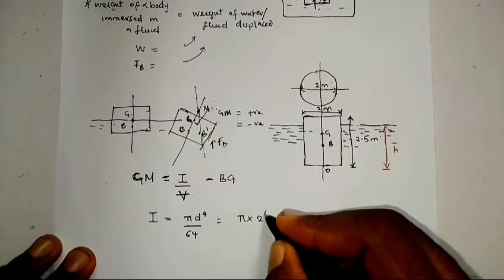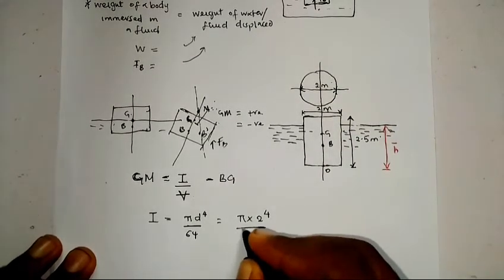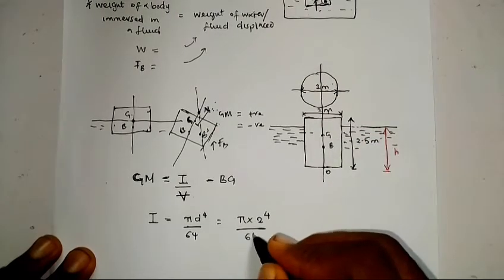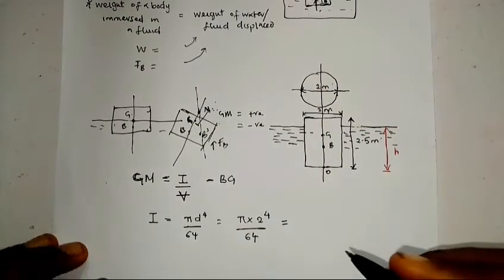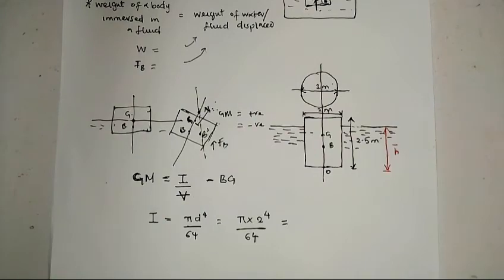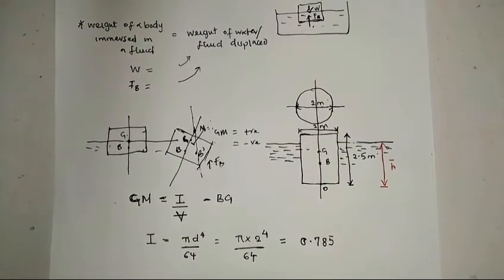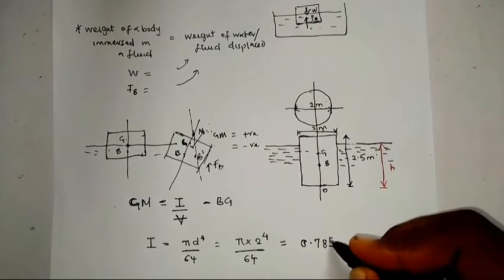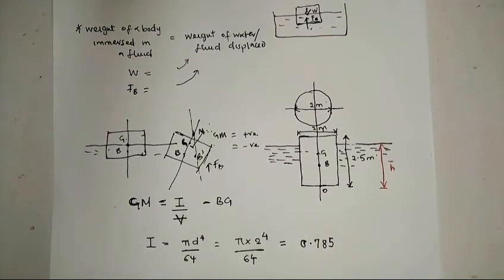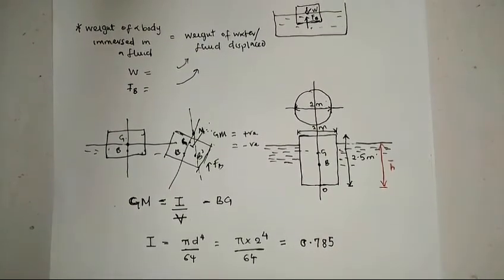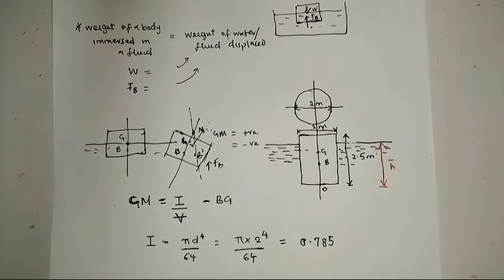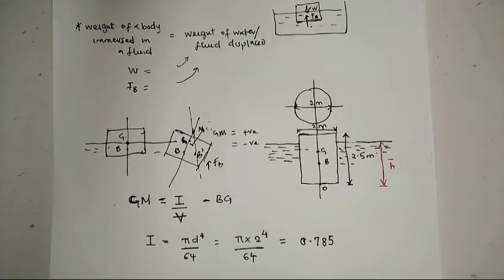So pi times 2 raised to the power 4 divided by 64 is equal to 0.75. So now we've successfully calculated the moment of inertia.